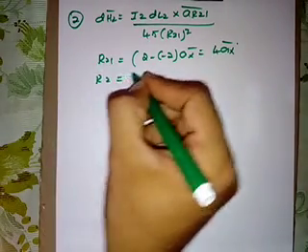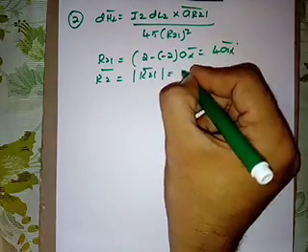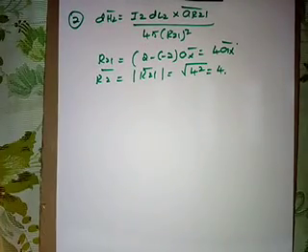The absolute value of R21 comes out to square root of 4 square, that is 4. Fine students, I hope everybody is following here.